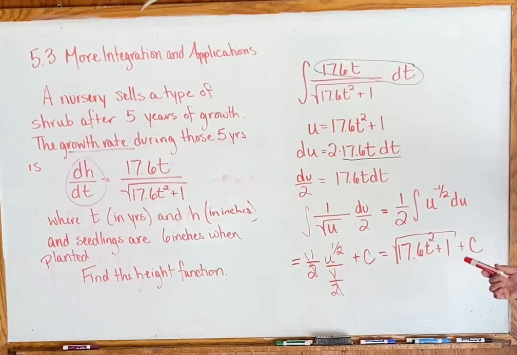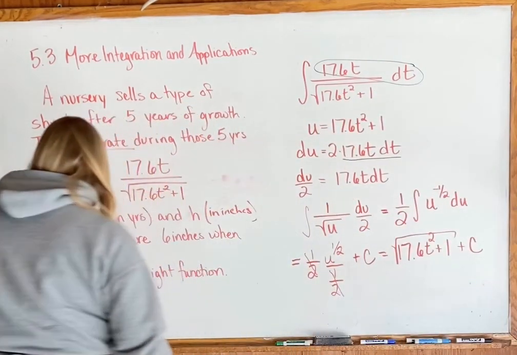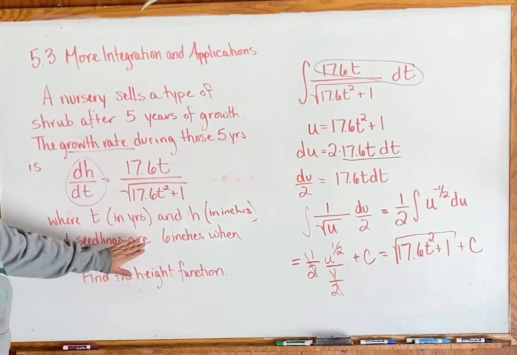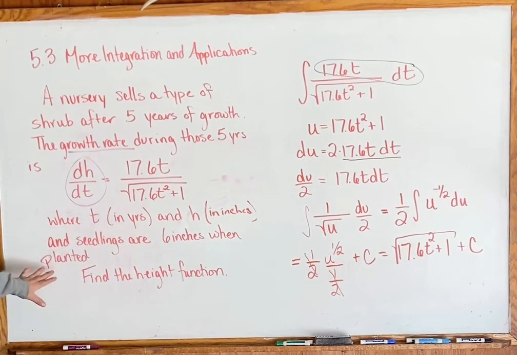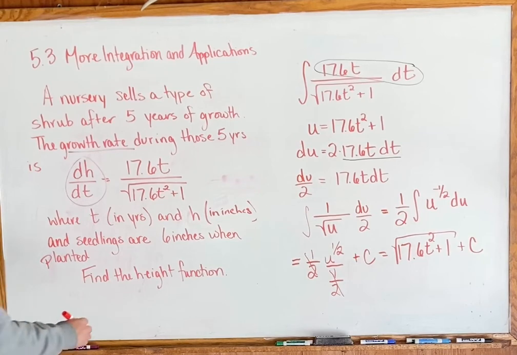But remember that this was a word problem, and that doesn't tell us the exact height function because of the c. So we come back over here and we say, it said when seedlings are 6 inches when they are planted. So 6 inches when they're planted would be a time of 0, right? When they start off the process, time would be 0.